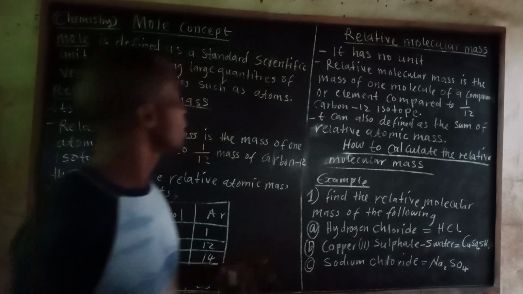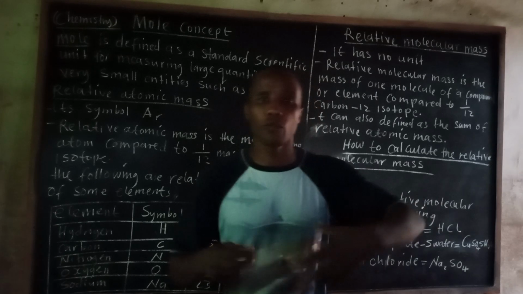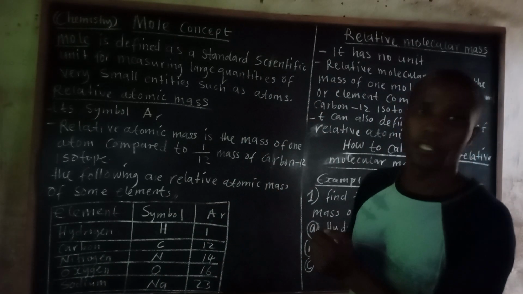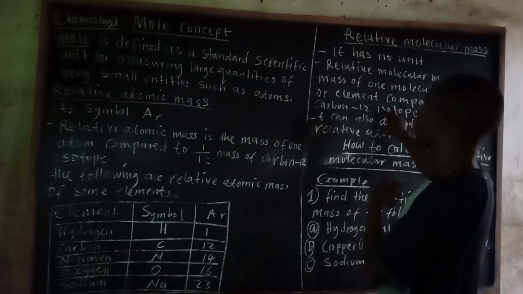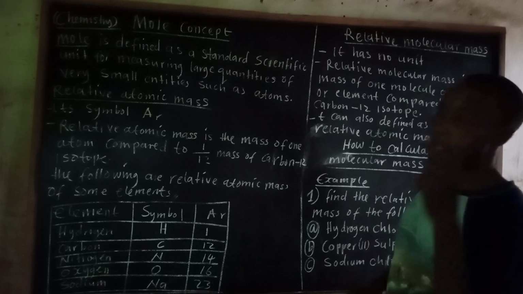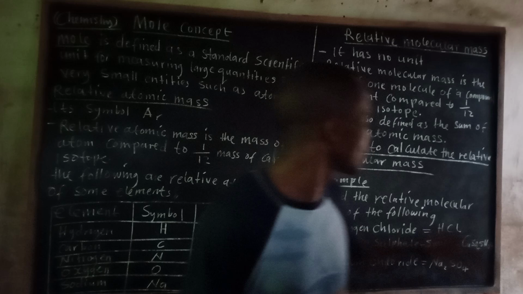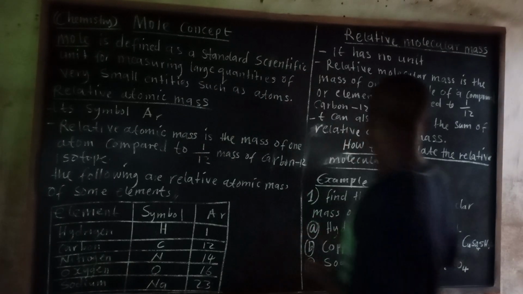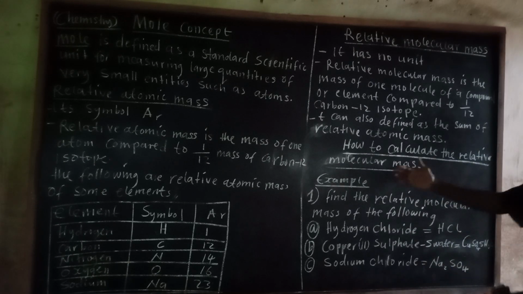For you to make a molecule or a compound, there should be some reaction between those elements found on the periodic table, with two or more elements involved, either by ionic bond, covalent bond, or metallic bond. So this is what we are going to look at: how you can calculate the relative molecular mass.